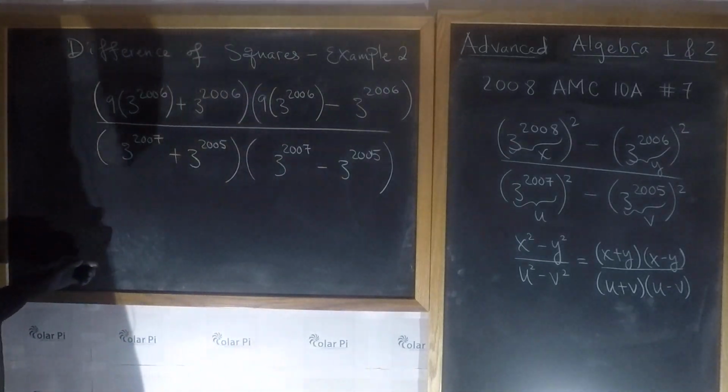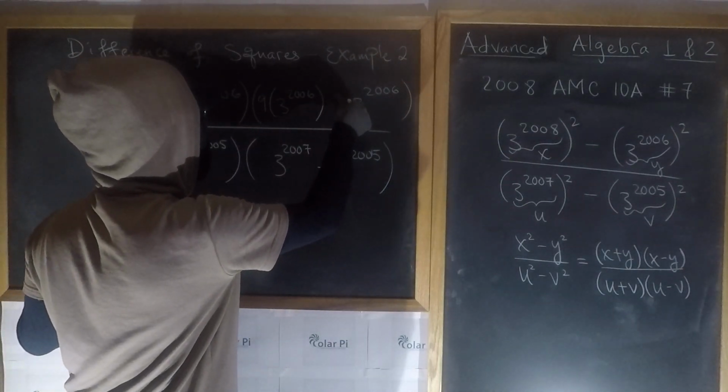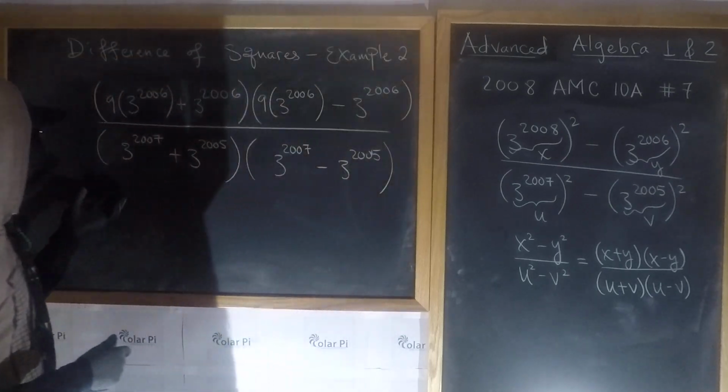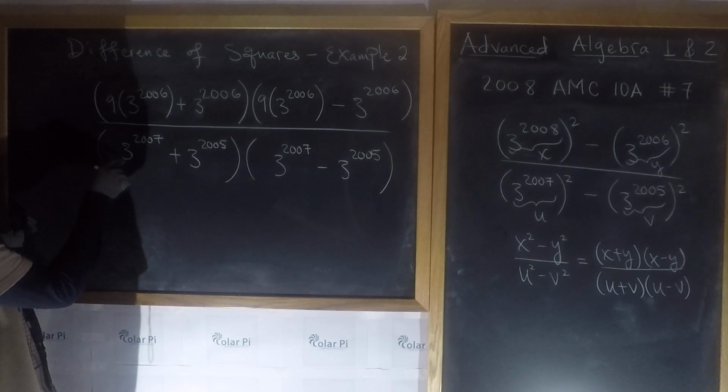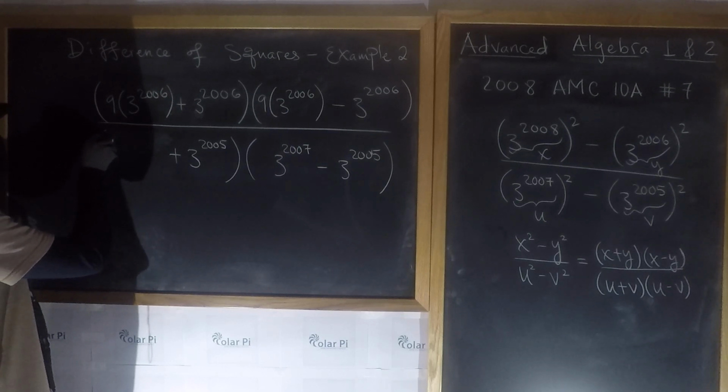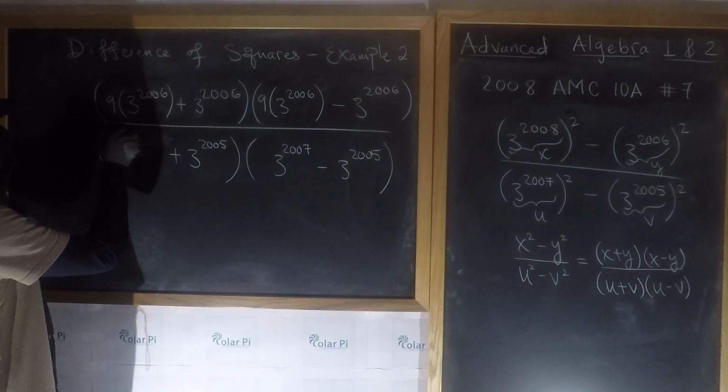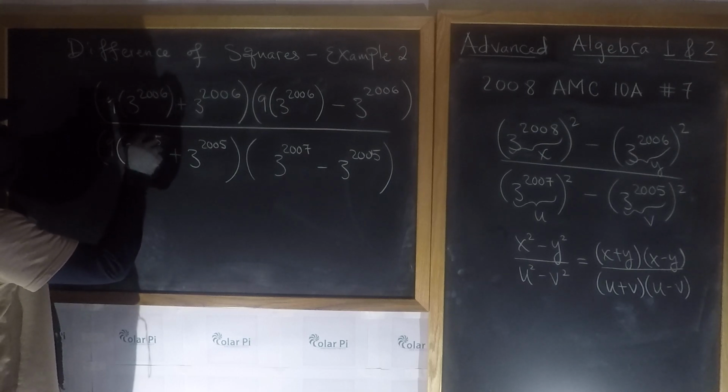And then, in the denominator, I take a similar approach: write 3 to the 2007 as 9 times 3 to the 2005.